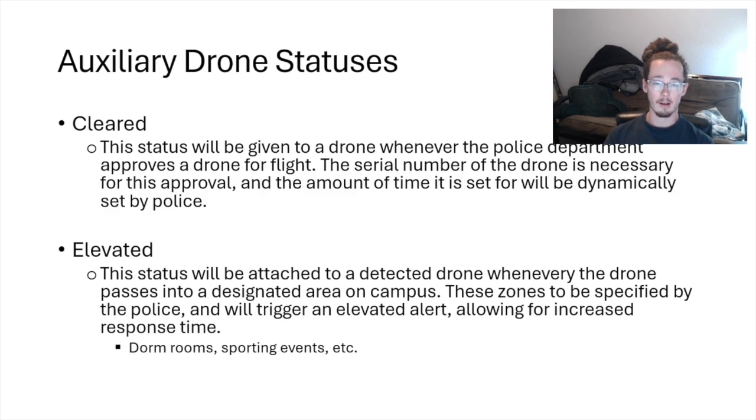They'll know it's there. This is done because when we met with campus police, they really seemed concerned about drones at football games and looking through windows at dorms, and so we figured this would be a good way to set those special cases apart.